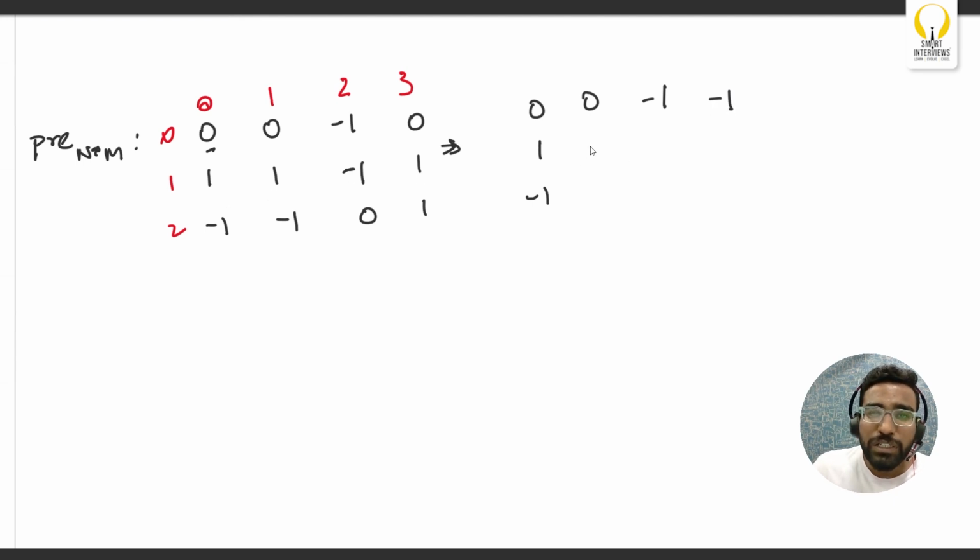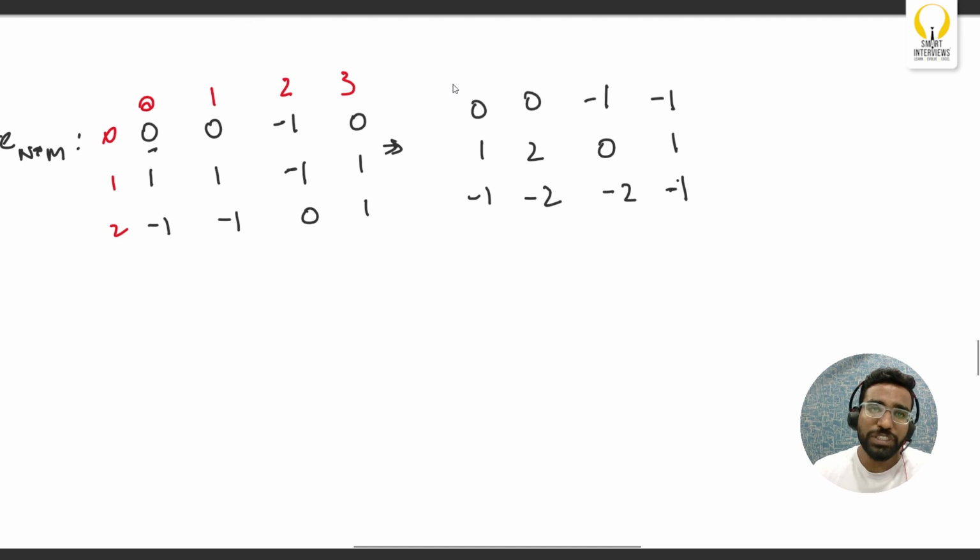Again here 1 plus 1 is 2, and 2 minus 1 is 1, and 1 plus 1 is 2. Then again -1, -1, -2, -2 plus 0 is -2. Okay, this is the first transformation, and we are doing it in this direction.